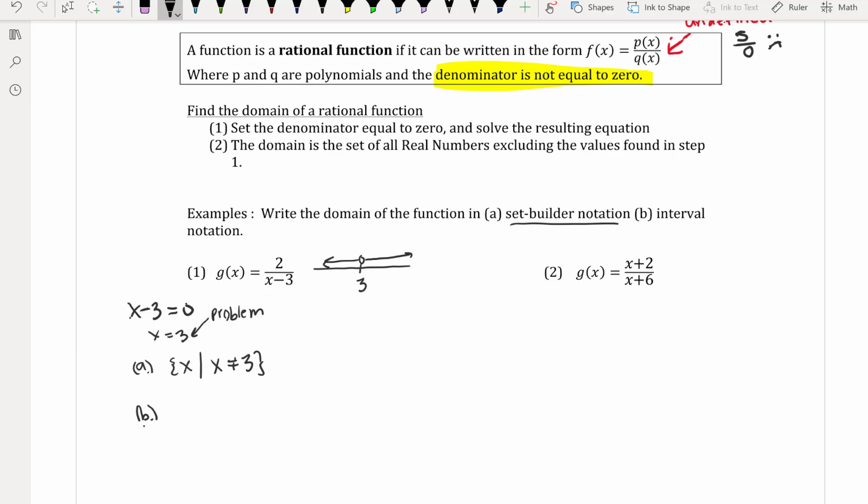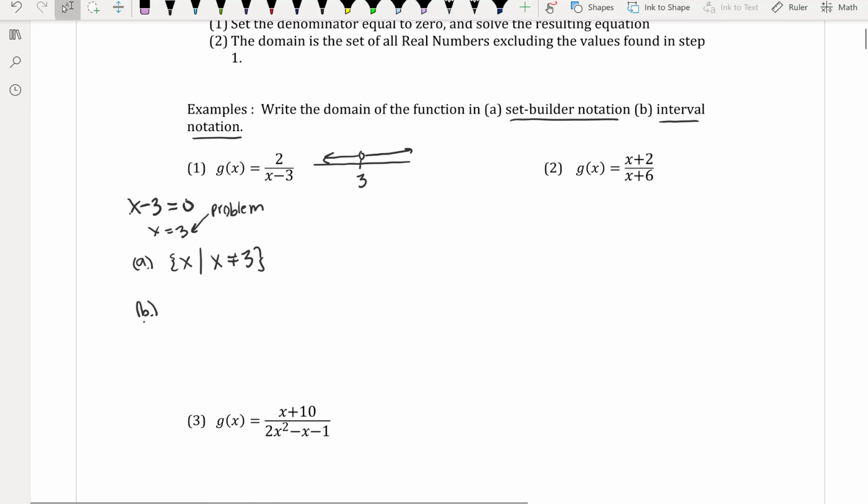For part B, it says write it in interval notation. So my interval notation would go from negative infinity to positive 3, union 3 to positive infinity. This tells me that it's all the real numbers except for the number 3.